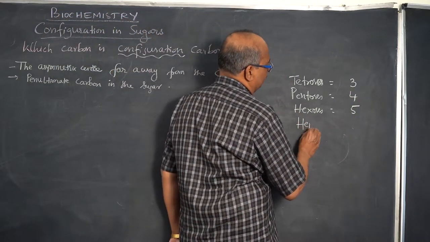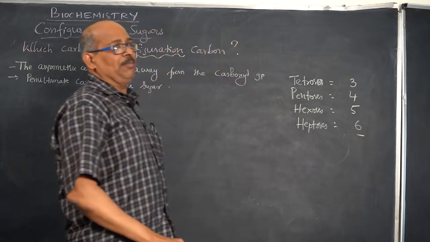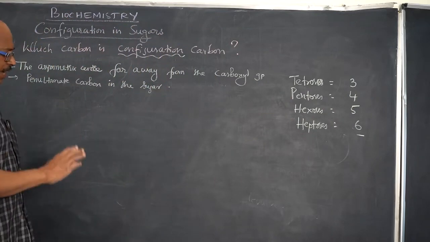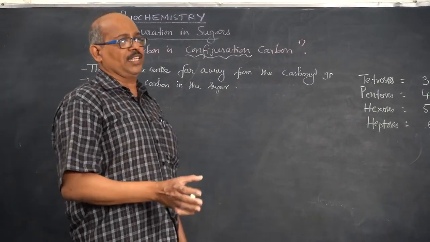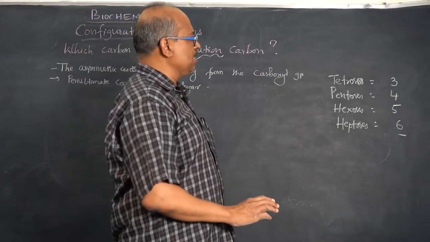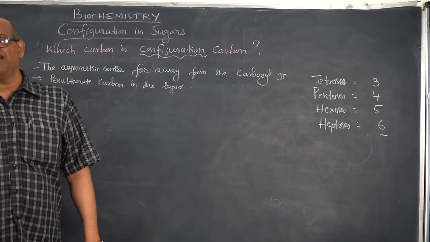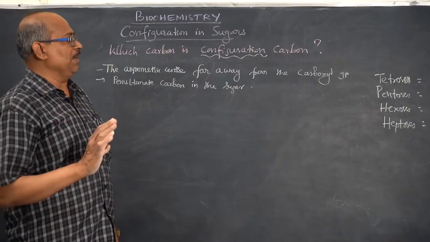Heptoses if you take, since there are 7 carbon atoms, 6th carbon will become the configuration carbon. So that's how you identify the configuration carbon in any given monosaccharide. The configuration carbon is that asymmetric center which is farthest from the carbonyl group, or it is a penultimate carbon.